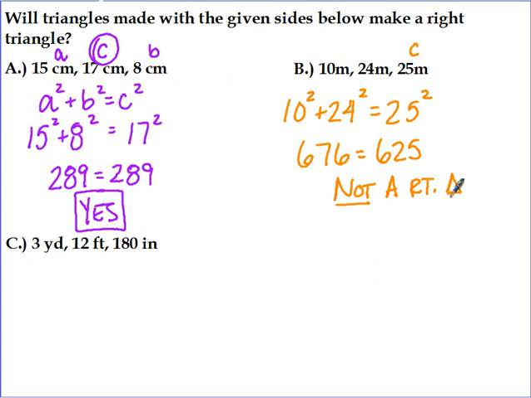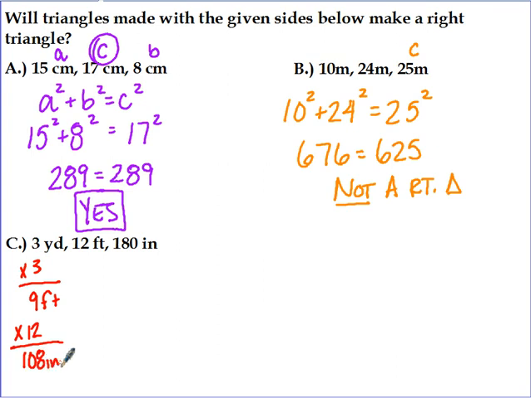Now, the last one's a little bit tricky, and I know we've been trying to get better with units, so we can see we have yards, feet, and inches. So we have to get them to be all the same first before we can plug into the Pythagorean Theorem. So I'm going to turn everything into inches. 3 yards times 3 gives me 9 feet, and then 9 feet times 12 gives me 108 inches.